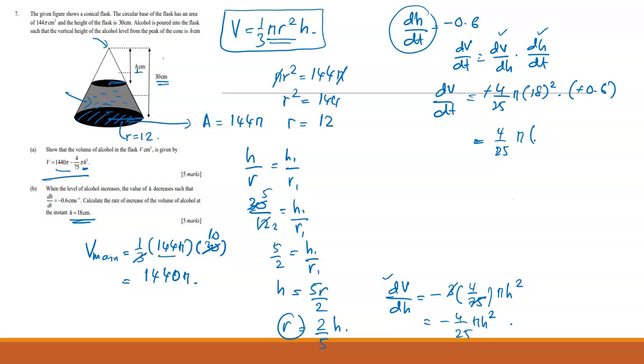18 squared, which you can just find from your calculator.